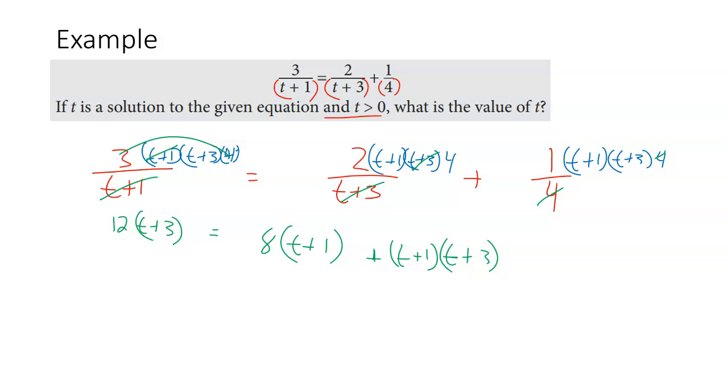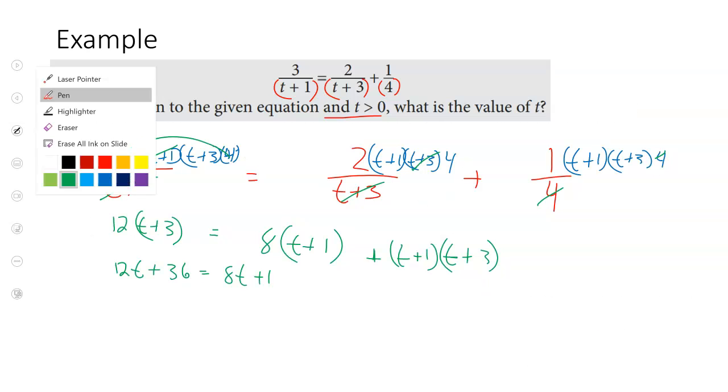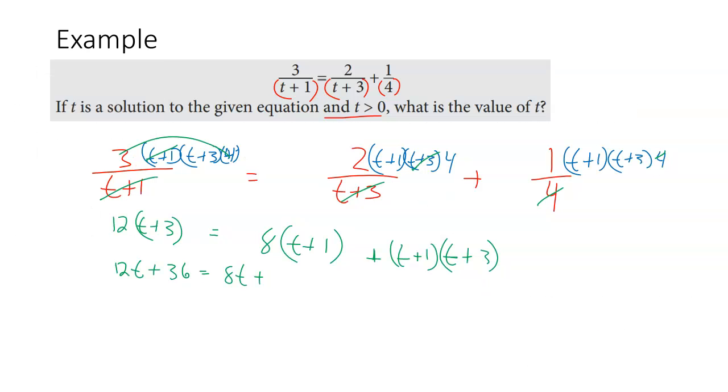Now I can just distribute, combine like terms, isolate our variable. We're going to have to factor and solve for t. So we distribute: 12t plus 36 equals 8t plus 8 plus t squared plus 4t plus 3. Do you have any like terms on the right side?